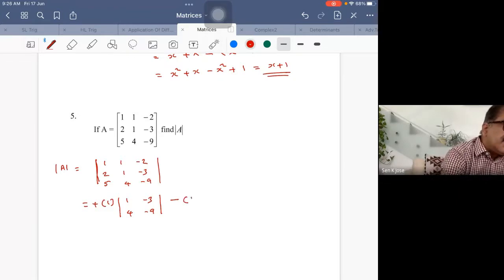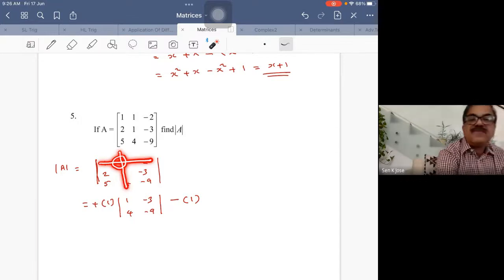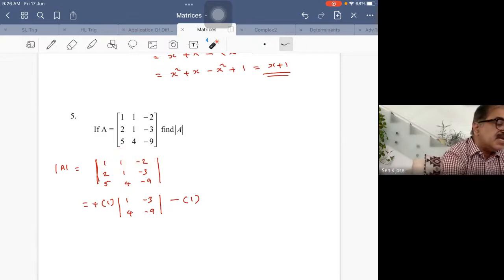Minus, then pick up the element from the second position, which is 1, into its minor. Delete the row and the column it belongs to, so you can see 4 different numbers there, and they are 2 minus 3, 5 minus 9.